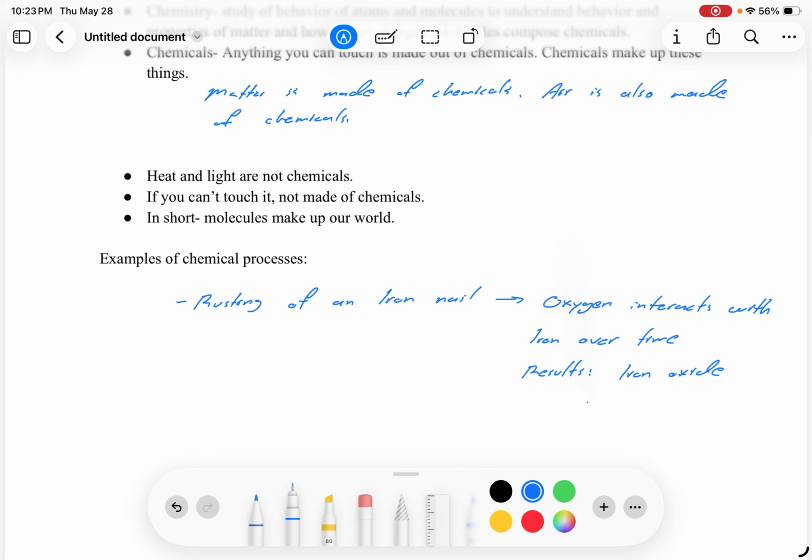And this is a different compound. It's different from 100% pure iron, like we said the nail was made out of. So that is how you know it's a chemical process. You get a different substance, a different compound in return. So that's how you know a chemical reaction has occurred.